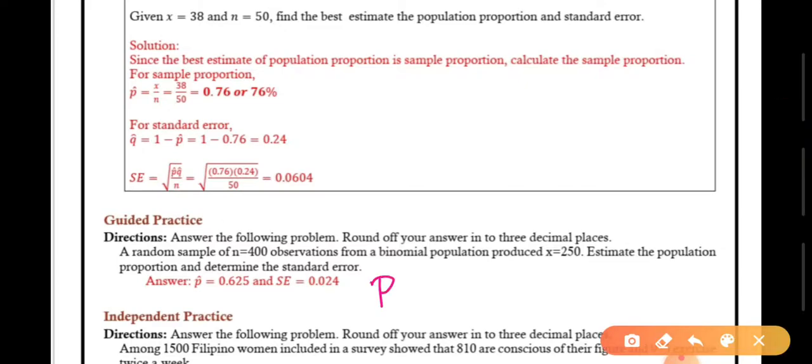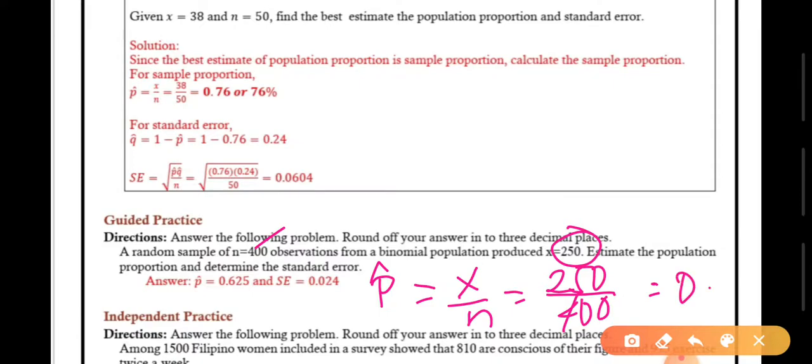To get p hat is equal to x over n. Your x is 250 divided by n, 400. Your answer is 0.625.